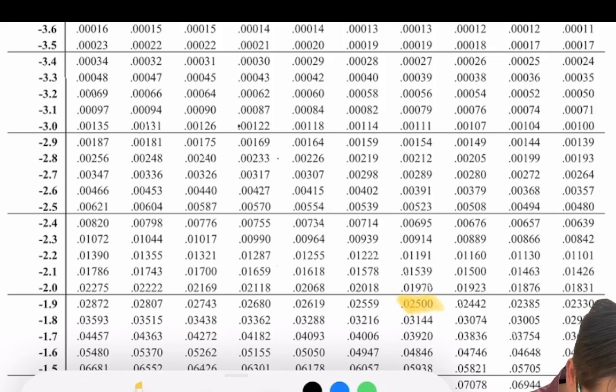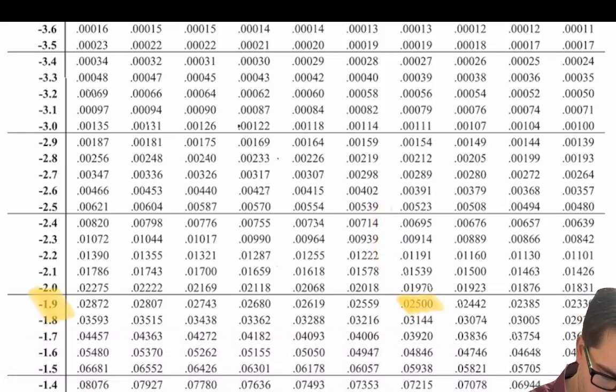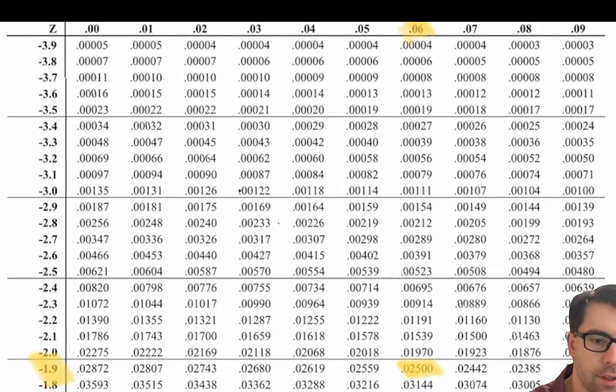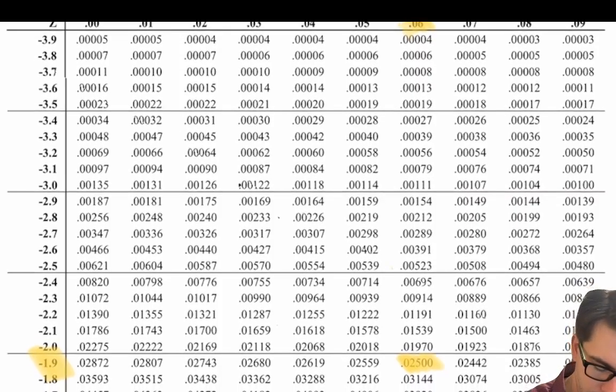So our z-score in this case is negative 1.96. Right? This is where it all intersects. Negative 1.96 gives us 0.025 to the left.